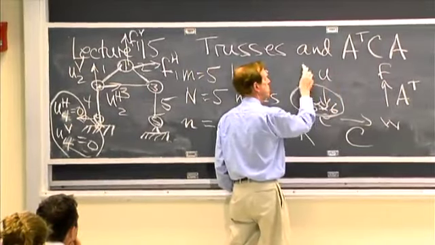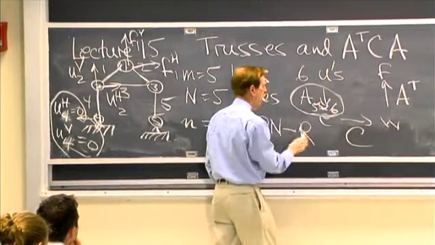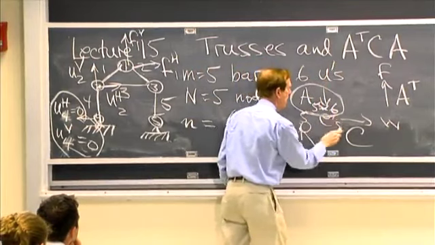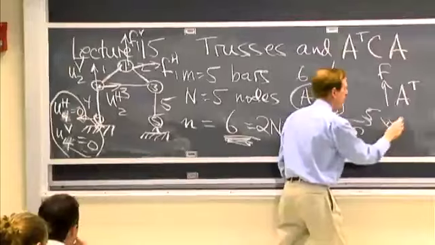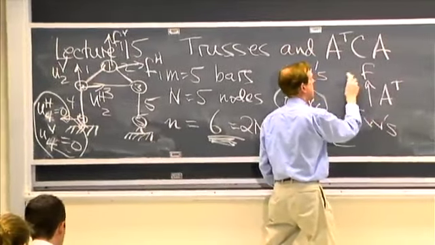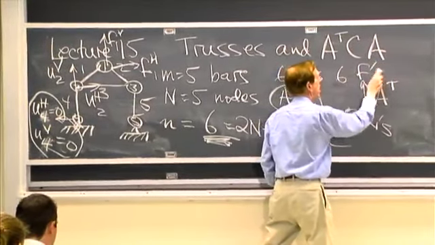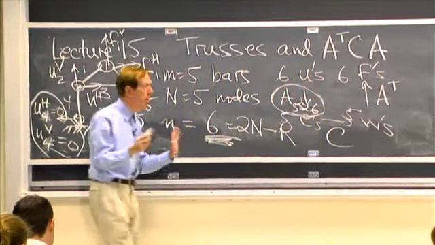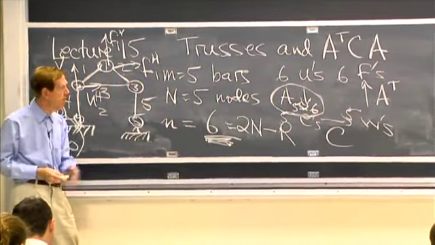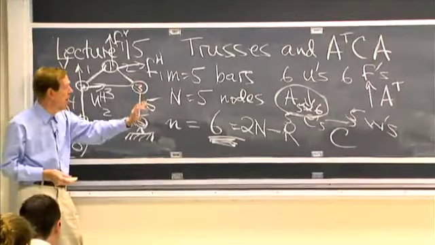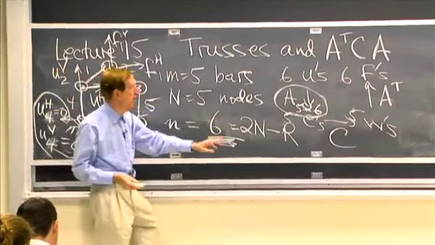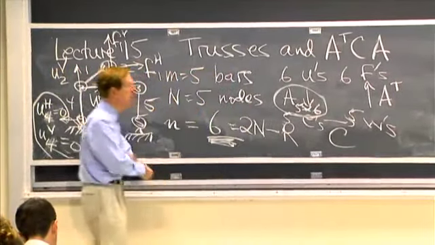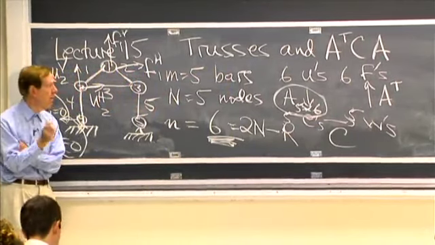There are 6 u's, and there are 5 e's and 5 bar forces. And there are 6 equilibrium force balances: 6 for the unknowns count, 5 for the bars count.